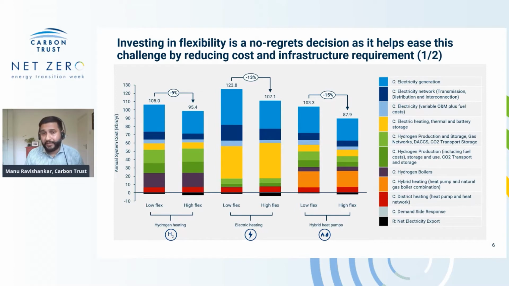This difference in system cost savings is owing to the greater flexibility that is available in the future, such as in the hydrogen scenario, where there is an inherent ability to decouple hydrogen production and demand, which makes it more flexible inherently. Now, these cost savings are delivered by flexibility that helps to meet the demand more cost effectively. We'll look at the details of how exactly this is done in the next slide. Therefore, the key message is that while there is a significant infrastructure challenge, flexibility helps to ease this infrastructure challenge.